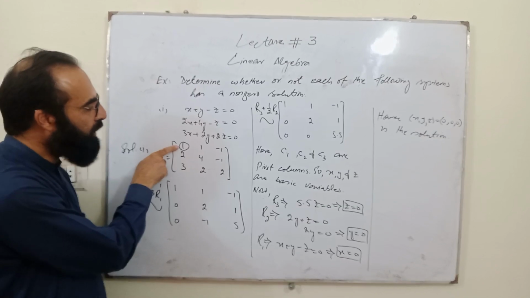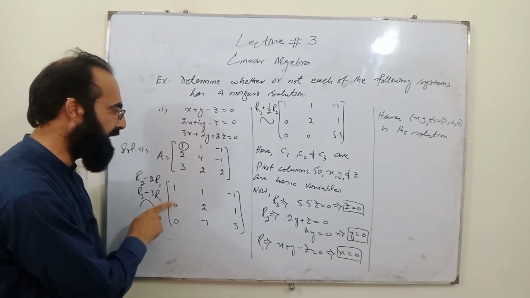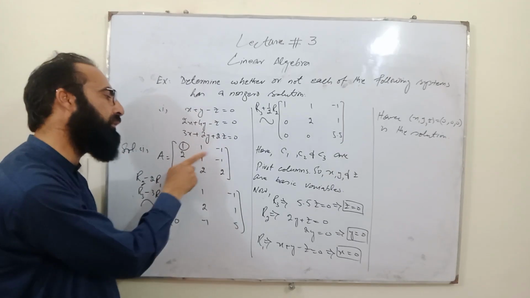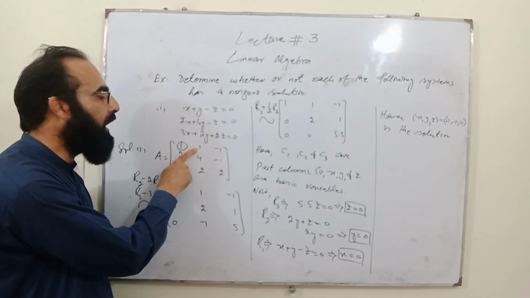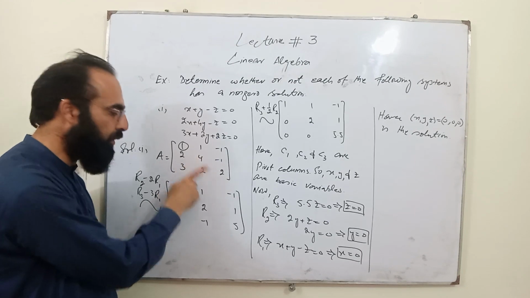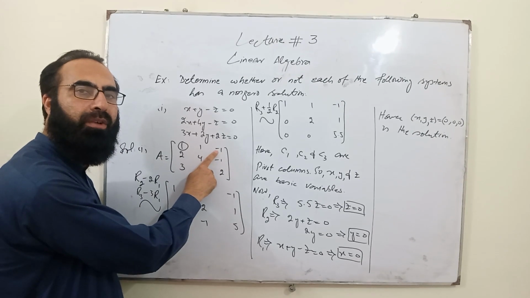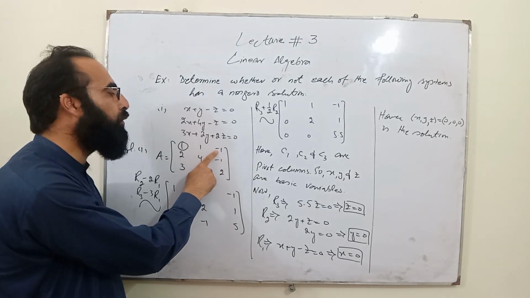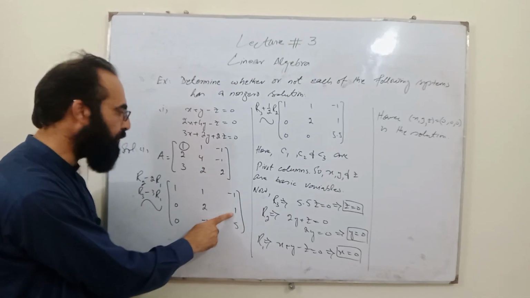So 2 times 1 gives us 2, and subtracting that 2 from 2, we will get 0. 2 times 1 gives us 2, and subtracting that 2 from 4, we will get 2. So 2 times minus 1 gives us minus 2, and due to subtraction we will get it plus 2. So plus 2 and minus 1 gives us plus 1.